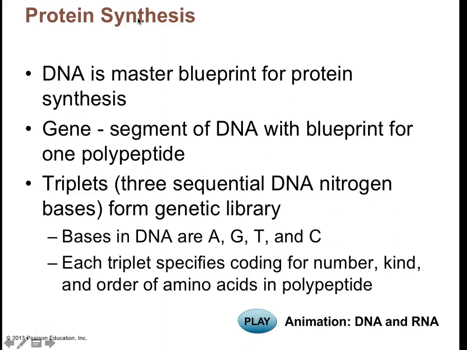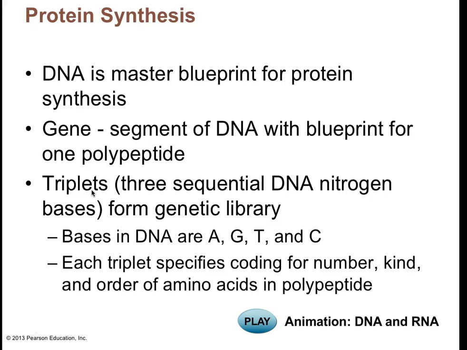And what you're going to do is you're going to take the gene, the DNA coding for a particular protein. Let's talk about protein X. And 3 of the DNA nucleotides, the A's, the T's, the G's, and the C's, are needed to form one amino acid because amino acids are the building blocks of protein.